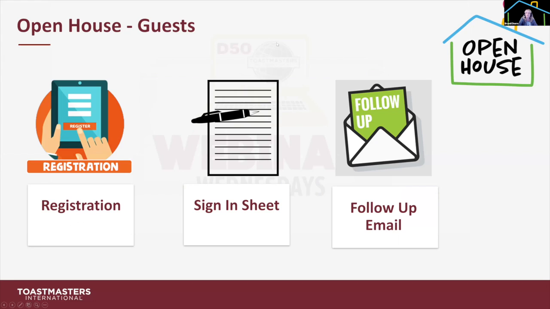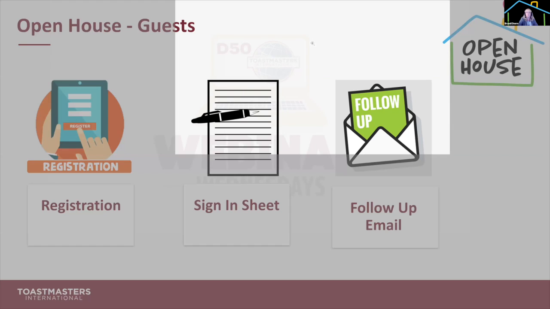It contains links to a membership application and the benefits of membership. You can customize it so it sounds authentic for your club, but it's a good starting point as you connect with your guests, get them into the meeting, and then follow up with them after the meeting itself.